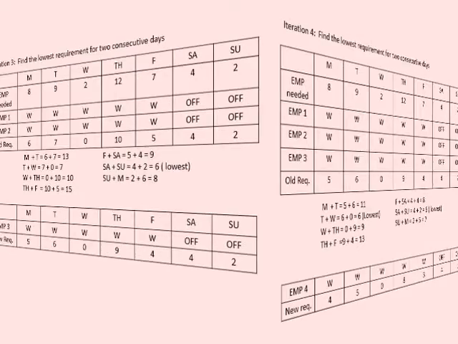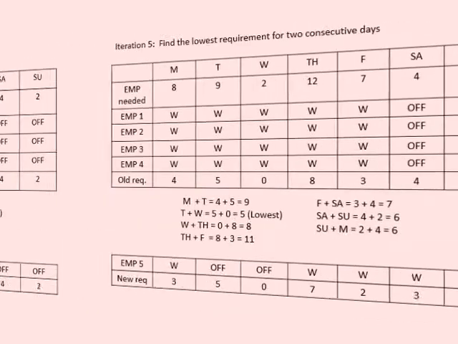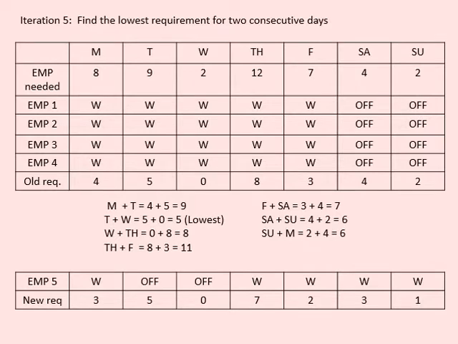The same iteration is repeated and allocation is done for employee 4. Employee 4 is also given off on Saturday and Sunday. The new requirement is calculated after subtracting the allocation from the total requirement. The same iteration is repeated. Here, we notice that the total requirement for Tuesday and Wednesday is the lowest, that is, 5 workers.